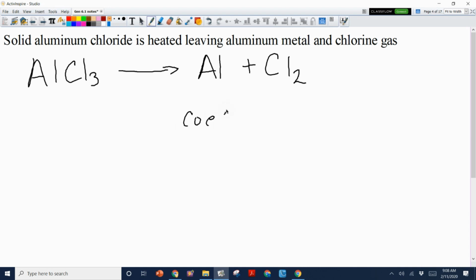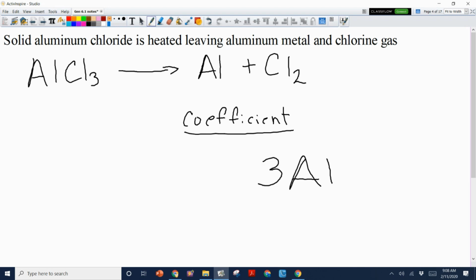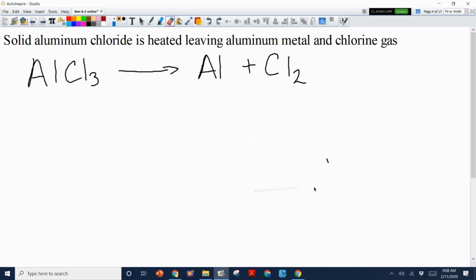A coefficient is a large number that's in front of an element or compound. It acts as a multiplier that multiplies all of the elements in that compound, and it will equal out what you have on the left and right.